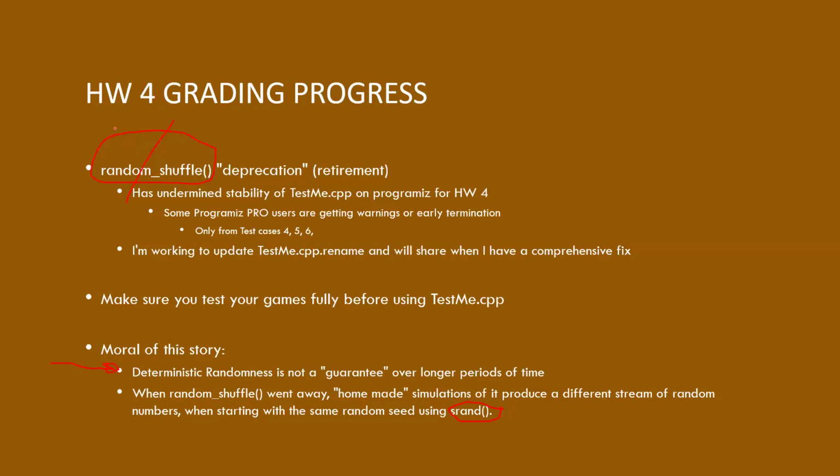But when they got rid of this, I could no longer produce the decks of cards that I had produced over the last couple of years from my testing. So all of that determinism went out the window. I got by for a really long time without this determinism ever changing. But when compilers change or when features go away, sometimes that determinism can change too. So I got a little bit burned by that.